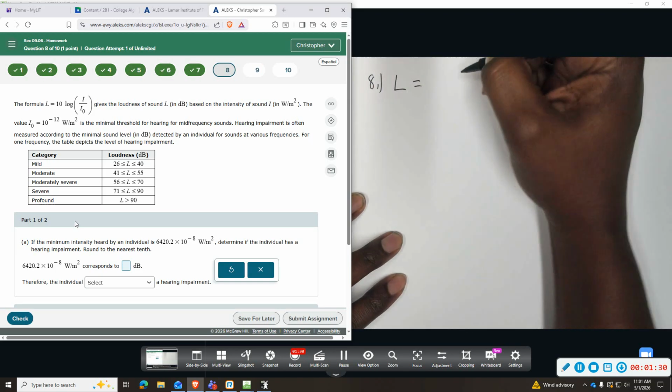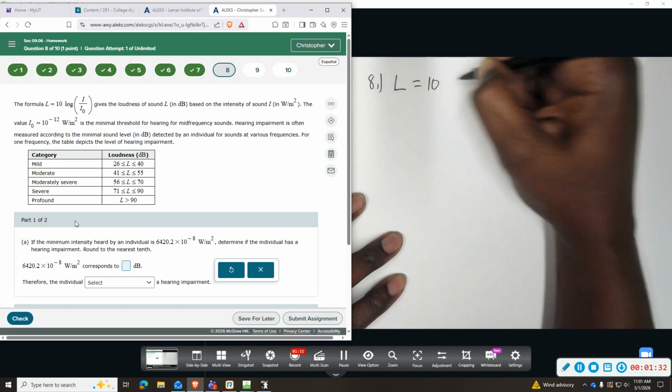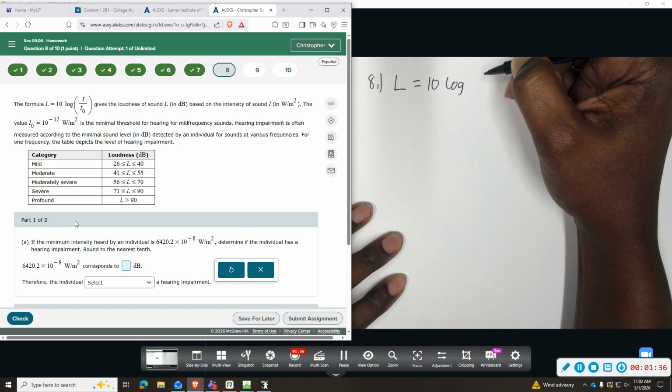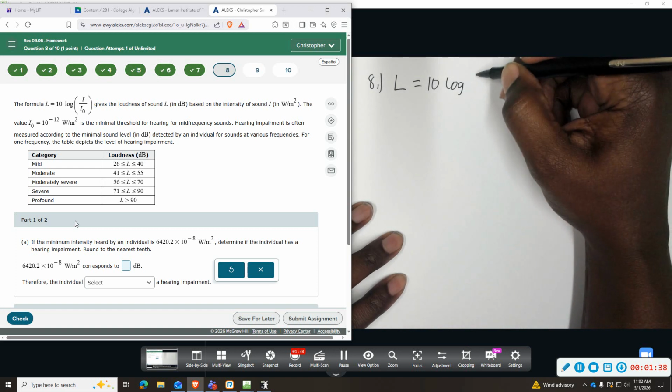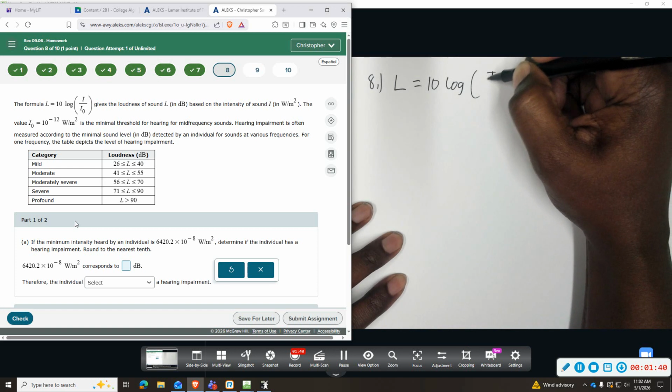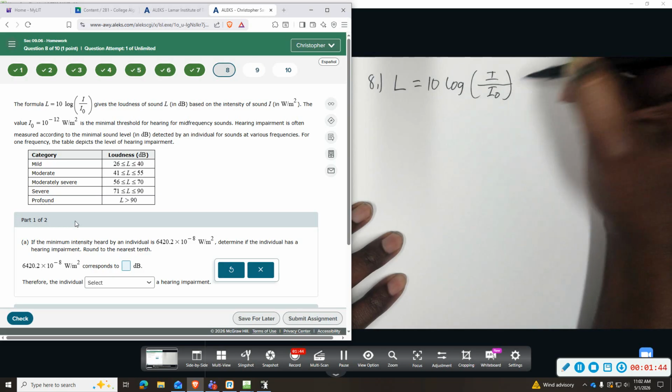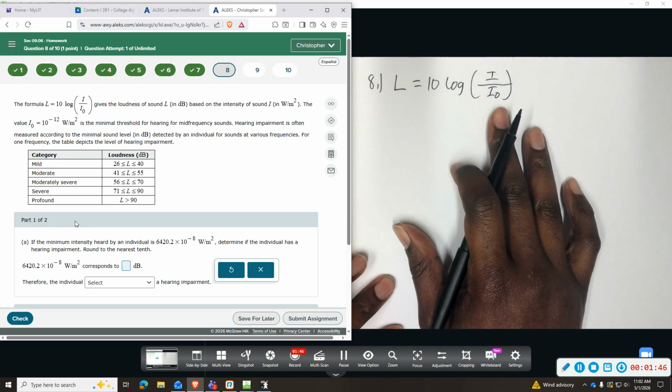L equals 10 log of I divided by I naught. Okay, so we're going to use this formula. The minimum intensity heard is given, 6420.2 times 10 to the negative 8.